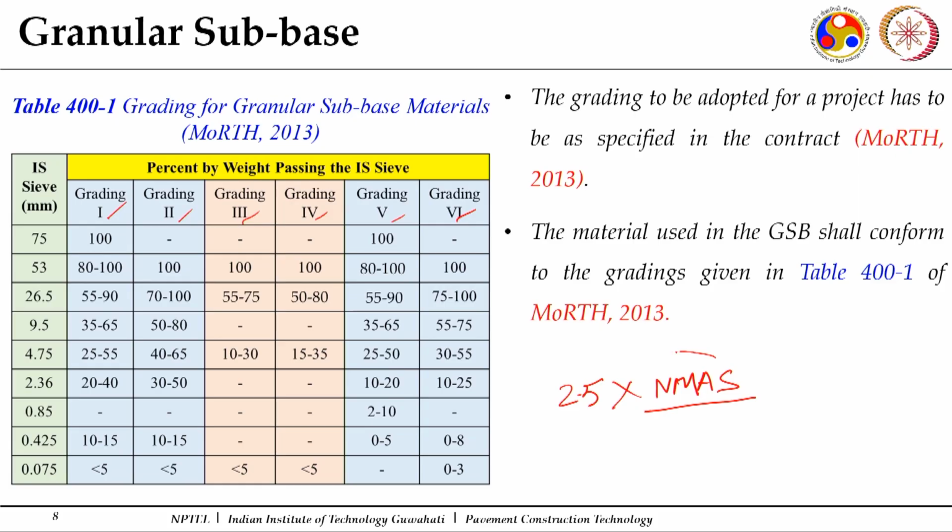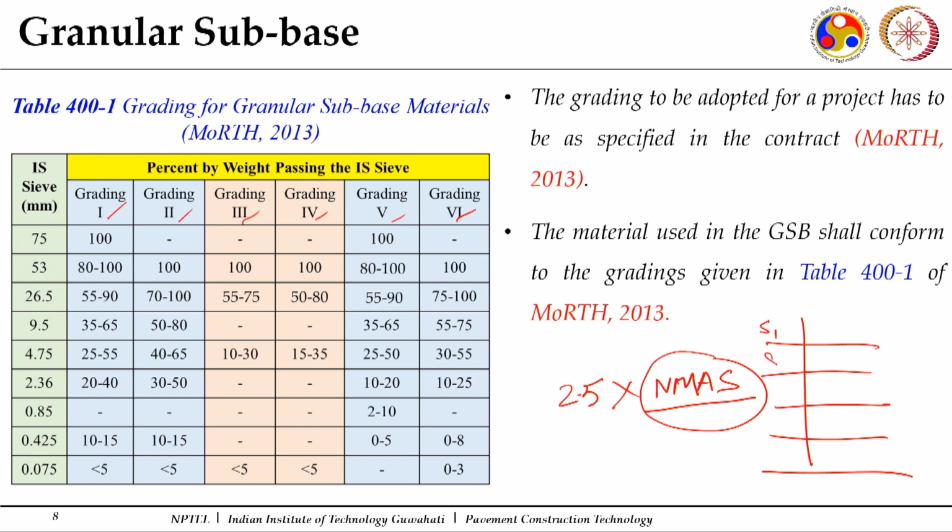It says that NMS is, if I do any aggregate gradation, I will come later on also, say this is C1, C2, C3, C4, C5, if I do any gradation analysis and I work out the cumulative percentage passing. So, this is my cumulative percentage passing 1, cumulative percentage passing 2, cumulative percentage passing 3.